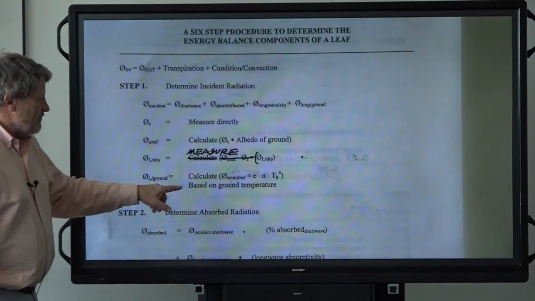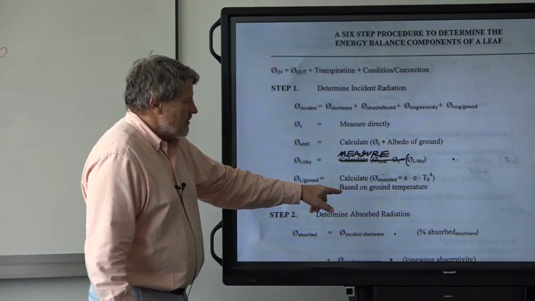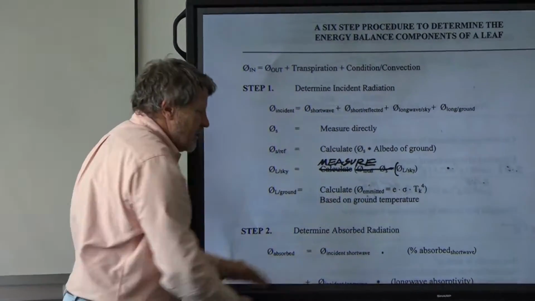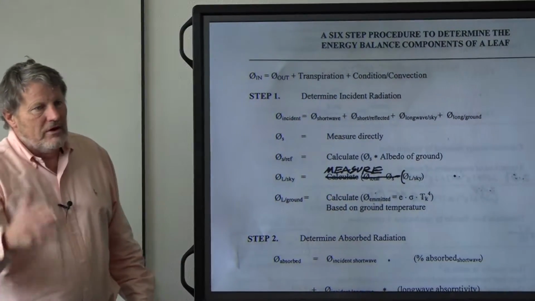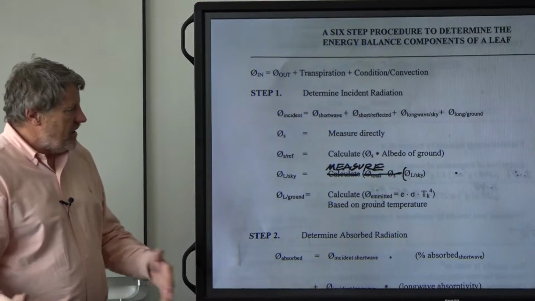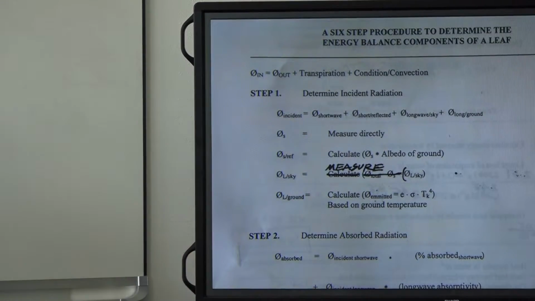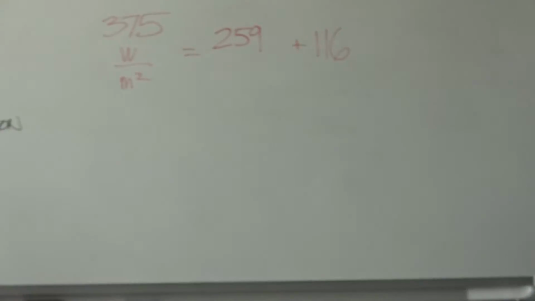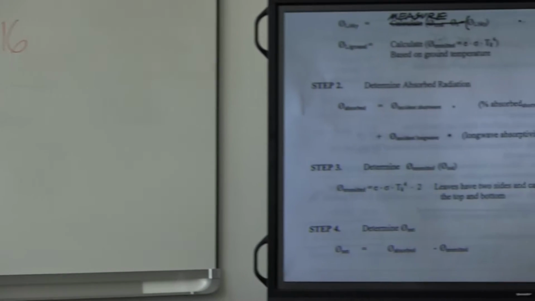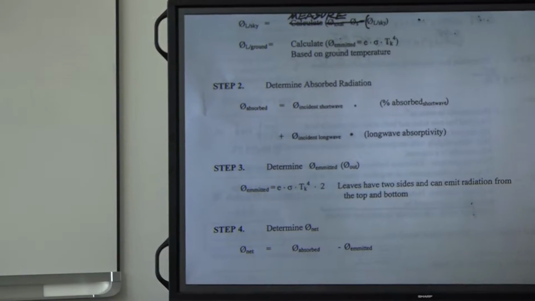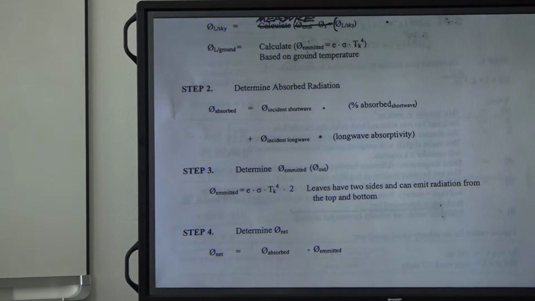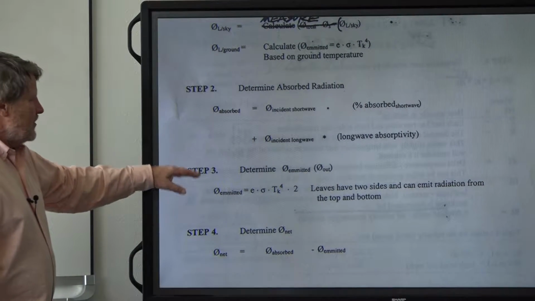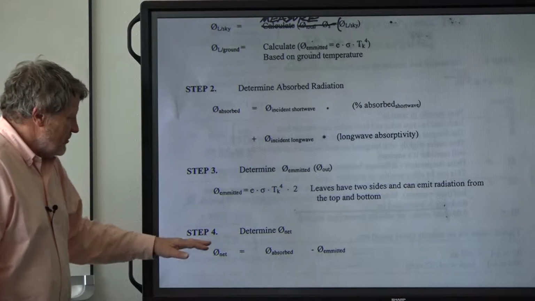See, even here, I have calculate the ground based on ground temperature. Well, now we could cross that out and we could measure. So if you have an instrument to measure it, great. If you don't, you have to calculate it. So we keep going down on this. Step 2, now we do absorbed radiation. And then we do emitted long wave, again following the same.